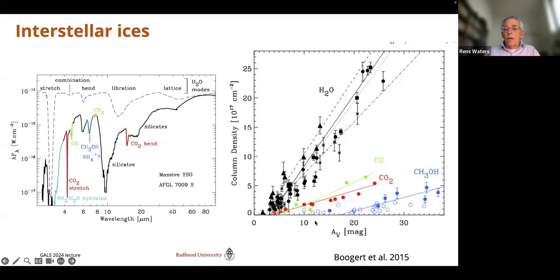So as you go deeper and deeper into the cloud, or as the radiation from outside, the UV radiation from the stars, is more and more shielded, more and more molecules can start to form.